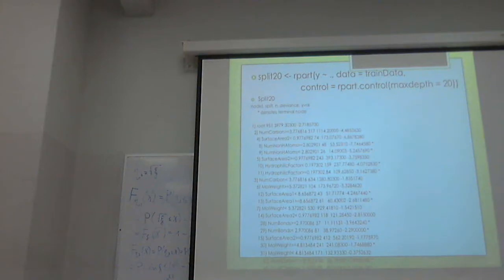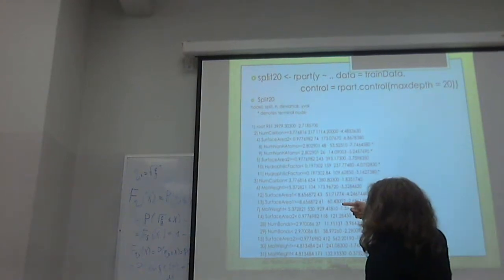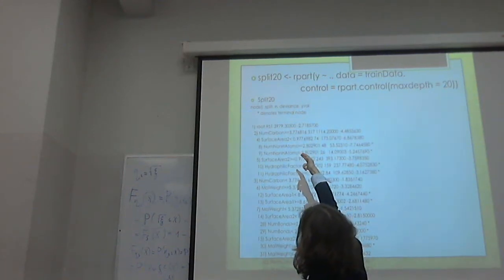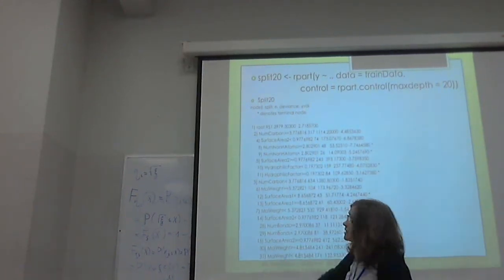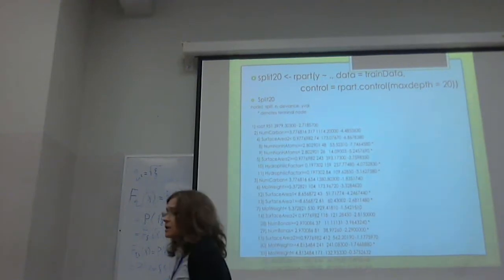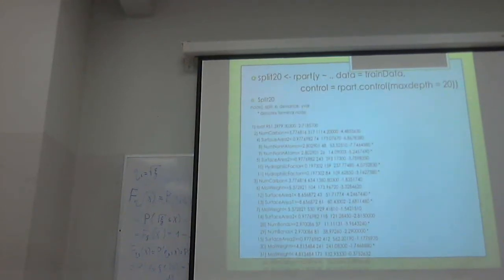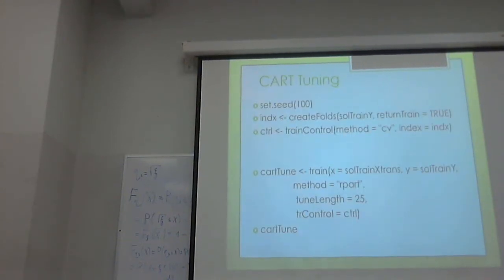You have the number of carbon at the root, then surface area, but then the number of carbon again. Okay, I see. So yes, we have duplicate predictors in this tree. Then we can use 20. I was wrong. There is no restriction on how to use it, so you can use as much as you want.